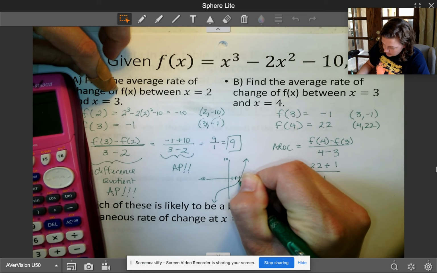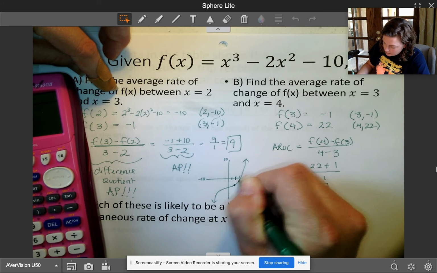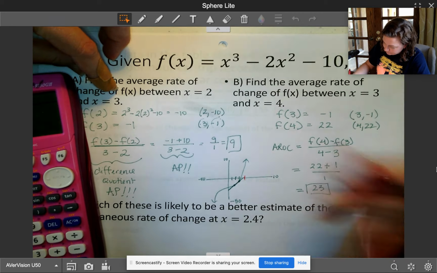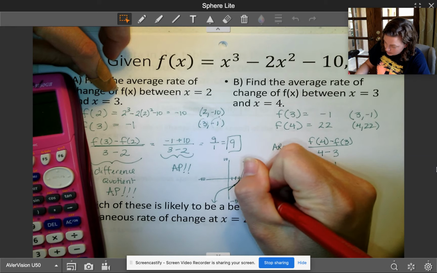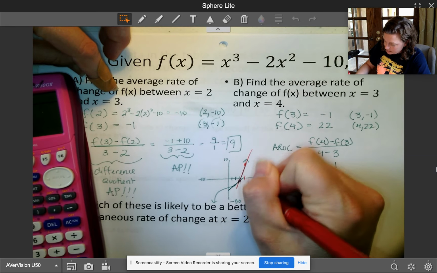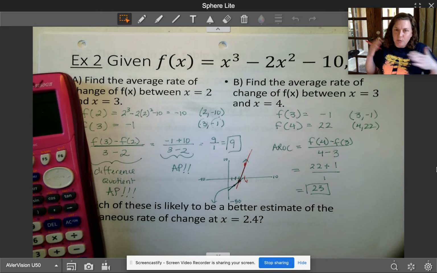So here was 3 at -1 and 2 was at -10. So this was the slope between these 2 points. And then between 3 and 4, which was way up here at 22, we had this slope between these 2 points, like this. All right, so we had that green line slope and we have the red line slope.